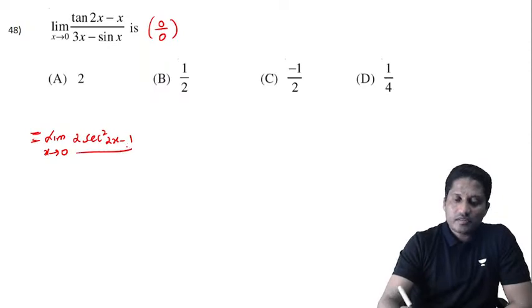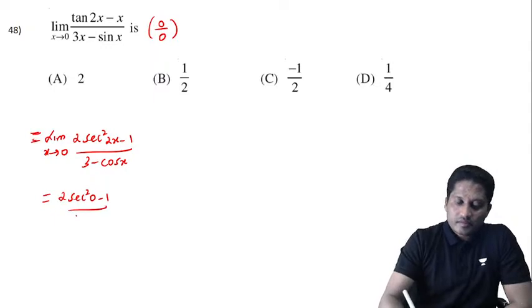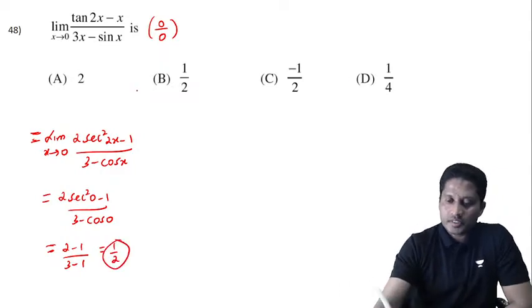Differentiation of x is 1. Differentiation of 3x is 3. Differentiation of sin is cos. Now x is tending to 0. You will get 2 into sec square 0 minus 1, by 3 minus cos 0. Sec 0 is 1, divided by 3 minus cos 0, which is 1. You get 1 by 2. Right, answer is option B.